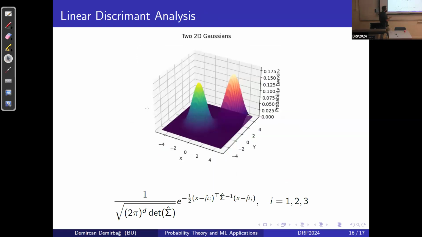Here we also assume that the shape of the Gaussians is the same. So the only difference between two Gaussians is going to be the exponential part. If you do the algebra, you are going to notice that when you compare those exponentials, they are linear discriminators.